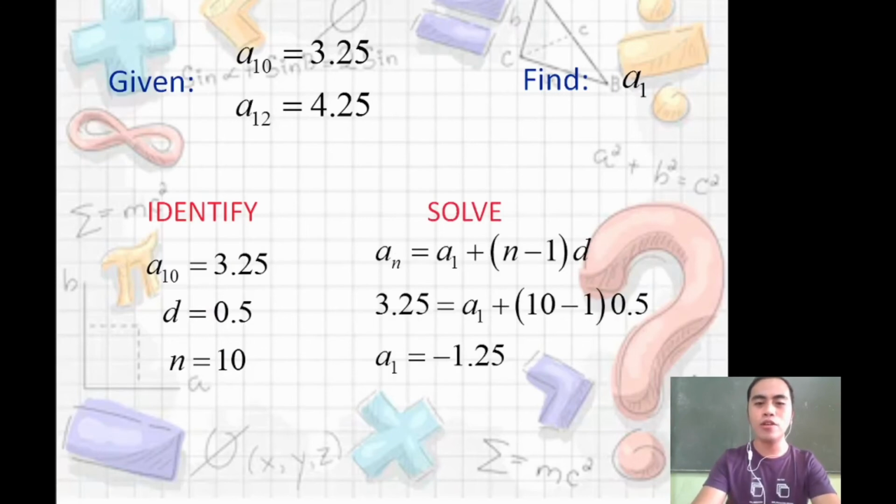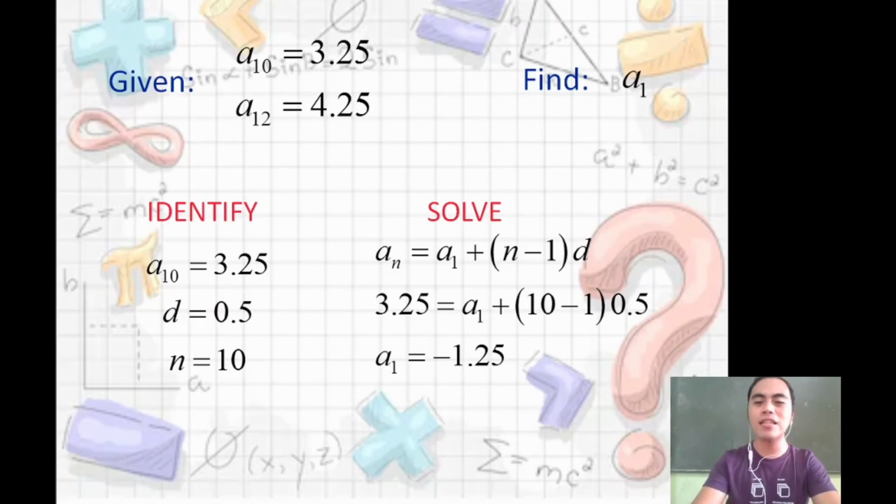To solve, use again the recursive formula. So you have a sub n is equal to a sub 1 plus the quantity of n minus 1 times d. Again, what is your a sub n? Alright, you will have 3.25 is equal to a sub 1 plus what is your n?